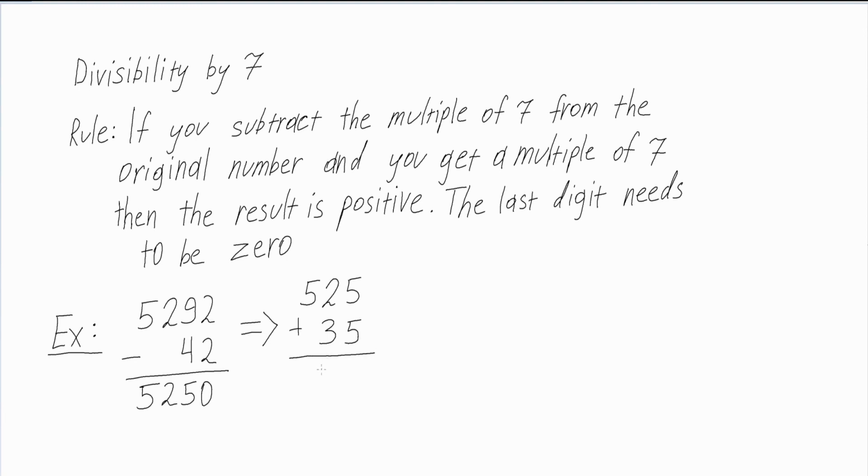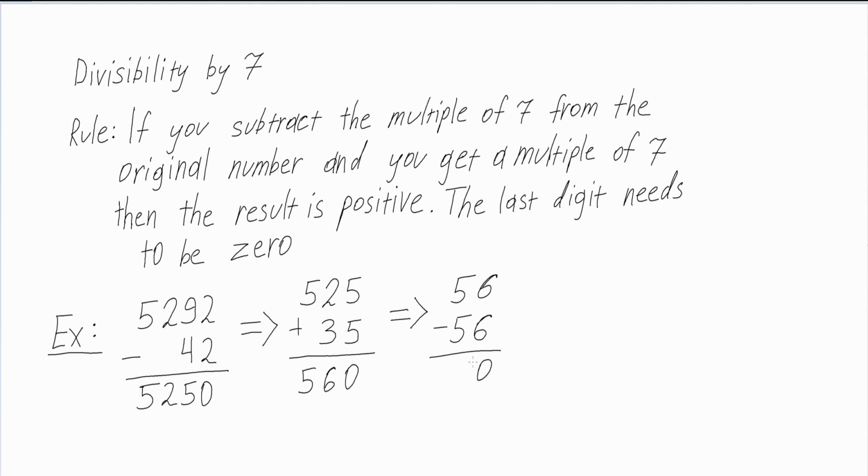This time we add 35 to 525 and we get 560. If you notice, 560 also ends with a 0. Then we can take the 0 away and turn the number into 56. So 56 is a multiple of 7, and the remainder will be 0. So this means 5,292 is divisible by 7.